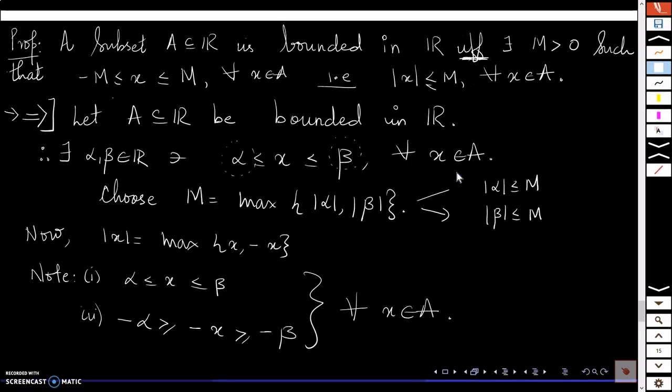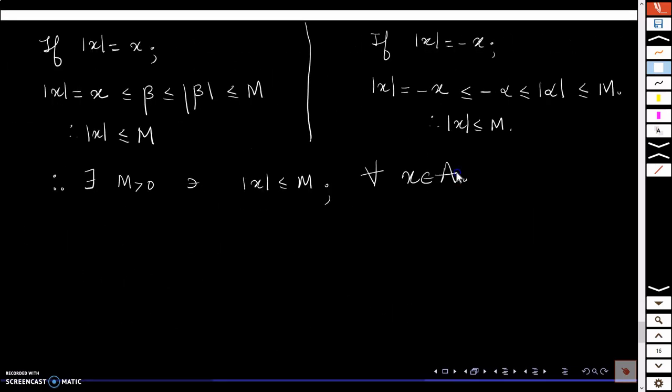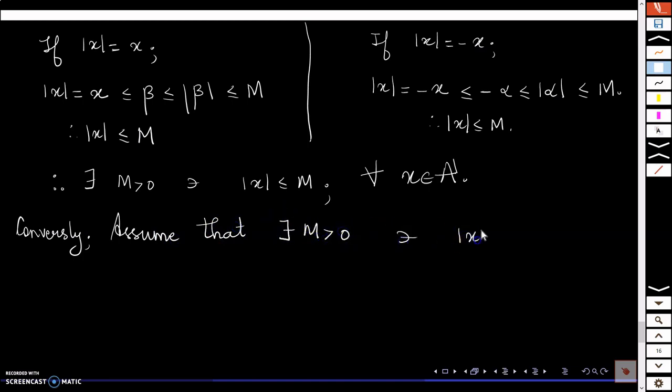Now we have to look at the second part, the converse. So conversely, I'll assume that there exists a positive real number M such that mod x is less than or equal to M for every x in A, and we have to show that the set A is bounded according to the definition.